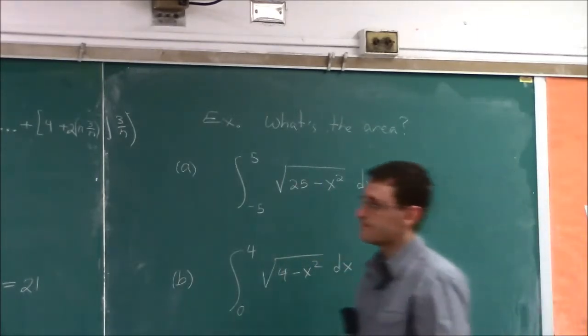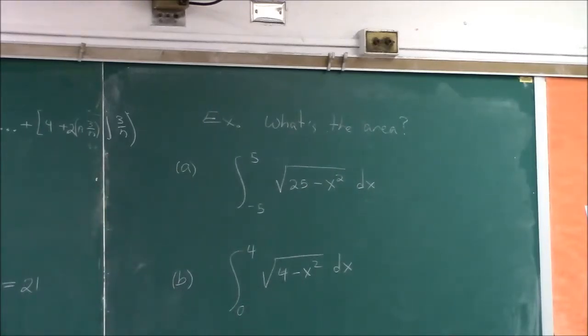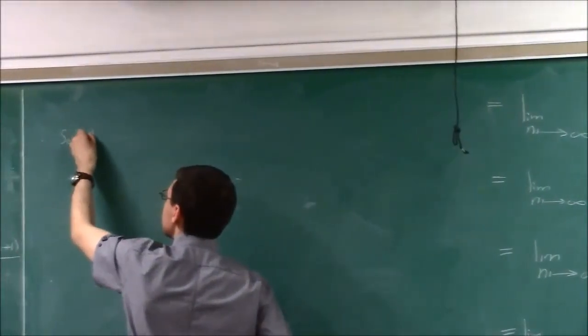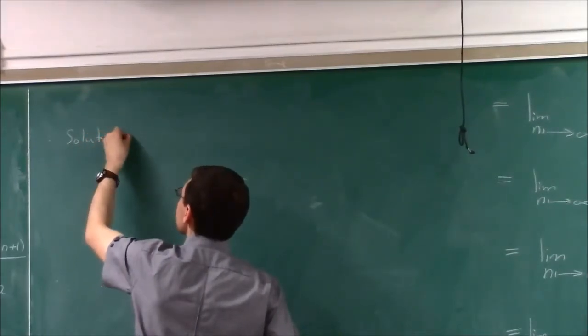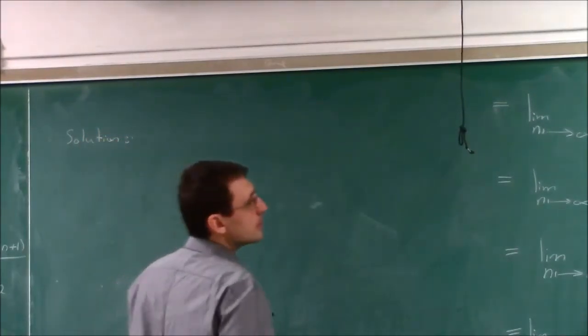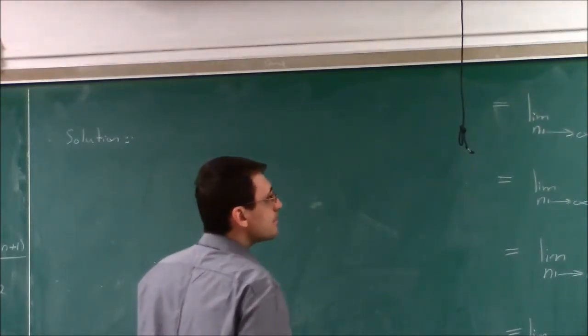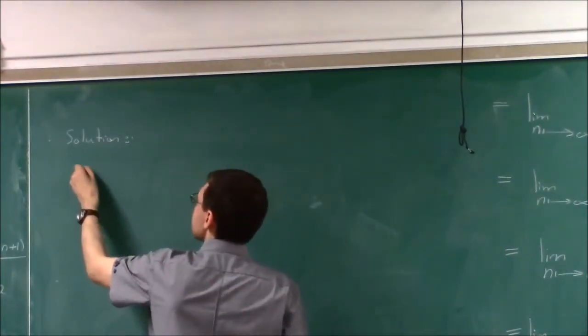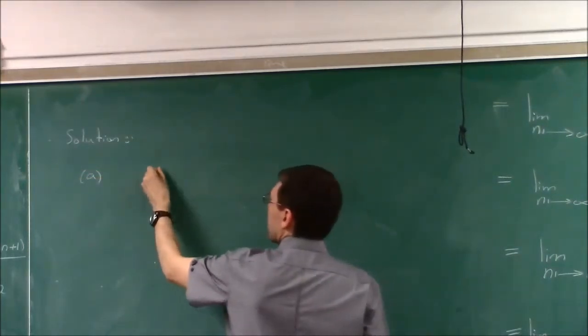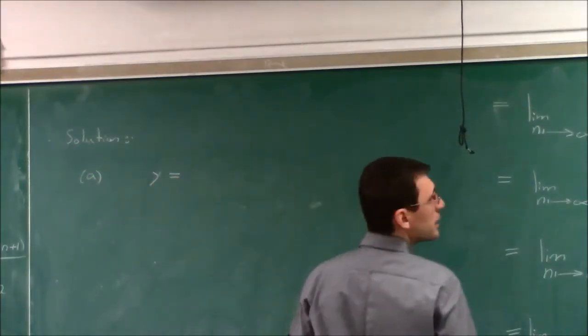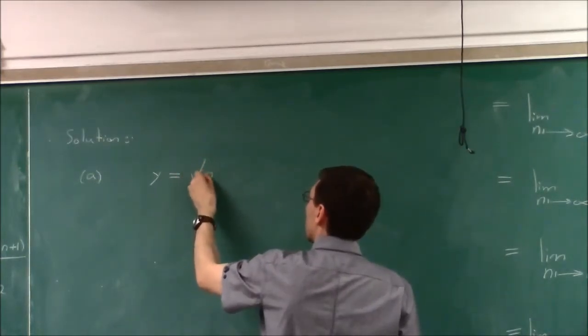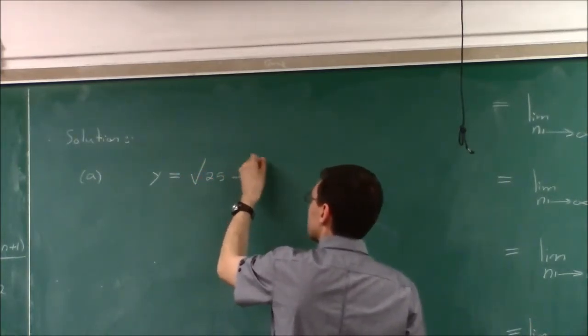So solution. Let's draw it first. For A, the curve that we're integrating is y equal to root of 25 minus x squared.